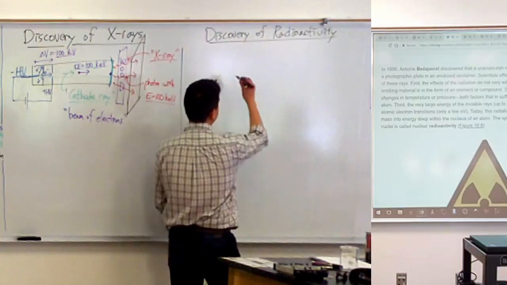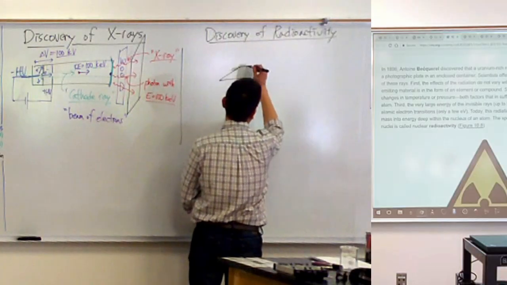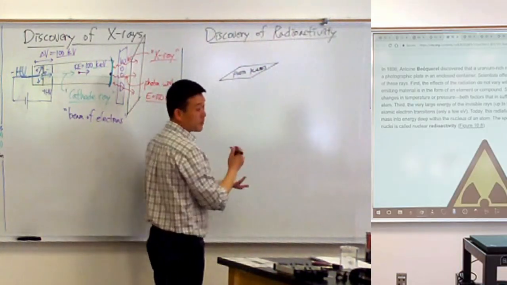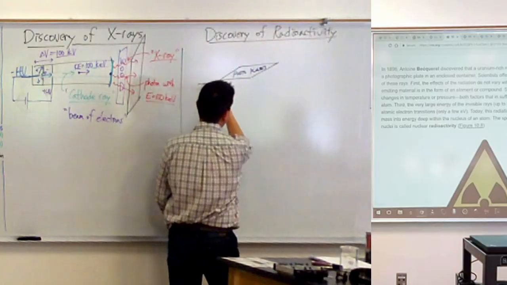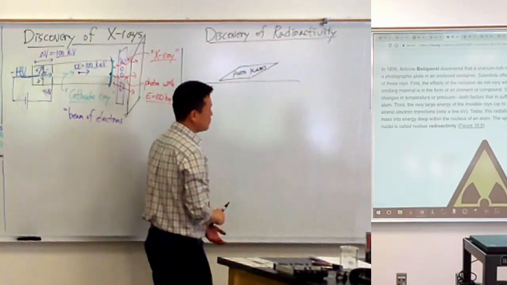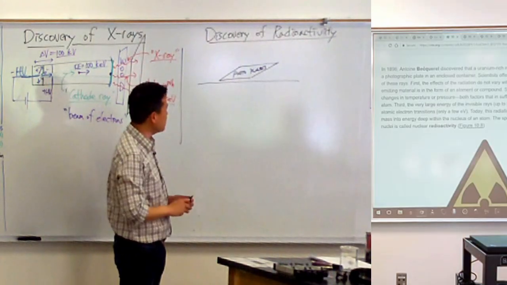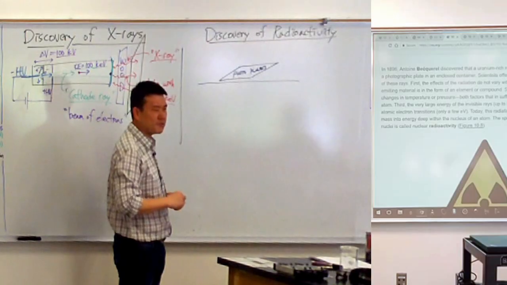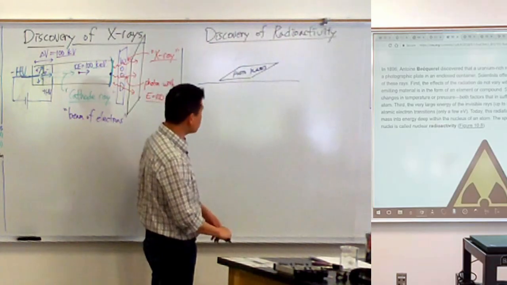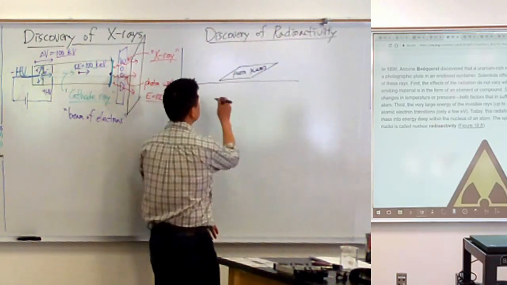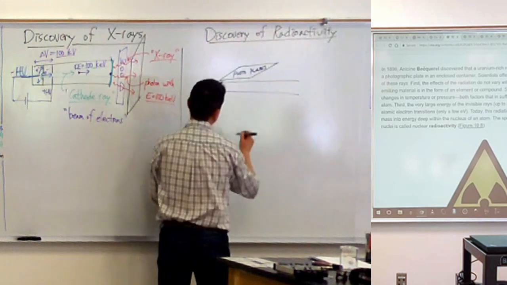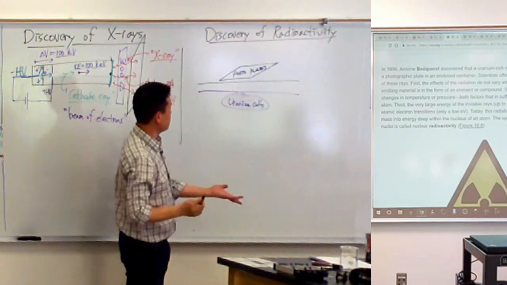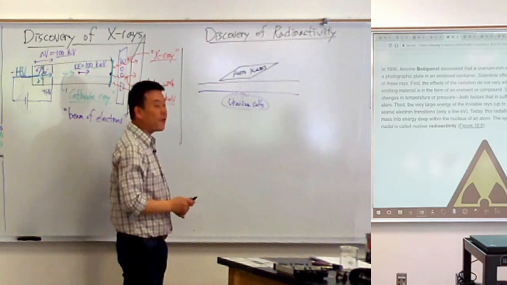Somebody, for some reason, stored photographic plates near some material. This guy, Becquerel, was studying uranium salts, some fluorescence or something. And he happened to store these photographic plates near uranium salts. And this is kind of one of the weird things.